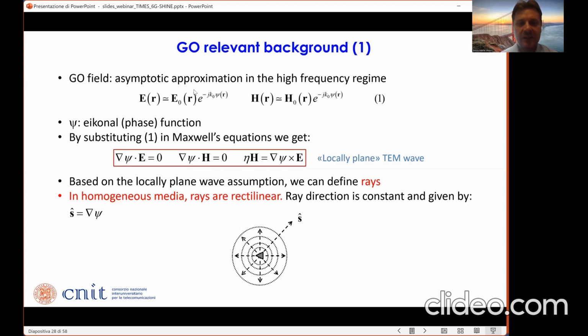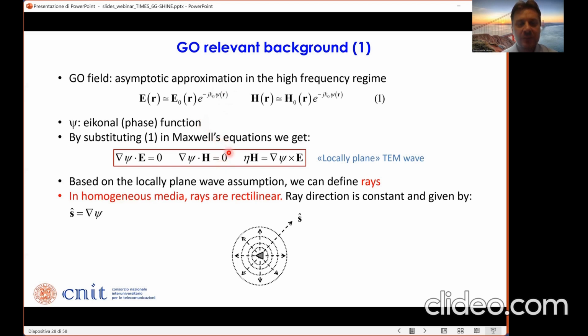We can also define the geometrical optics field, which is given by these two equations for the electric field and magnetic field. In these expressions, we have the so-called eikonal function, which is related to the phase of the electromagnetic wave and in the end to the shape of the wavefront.